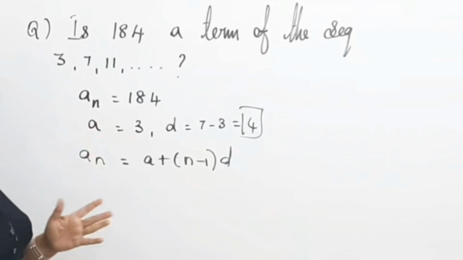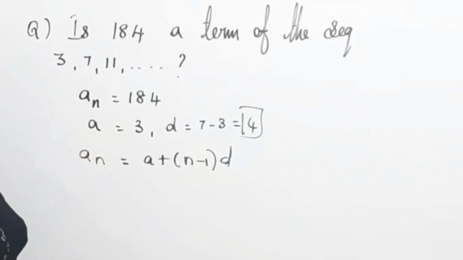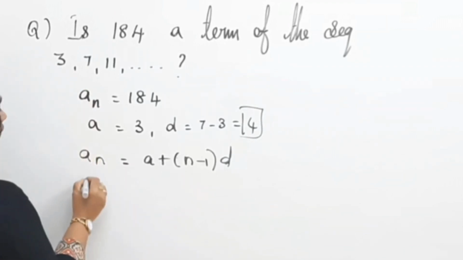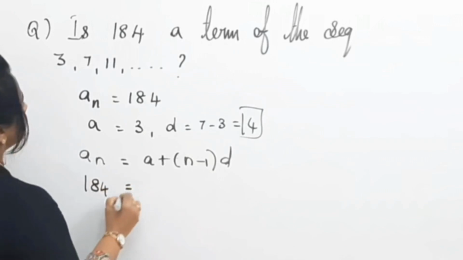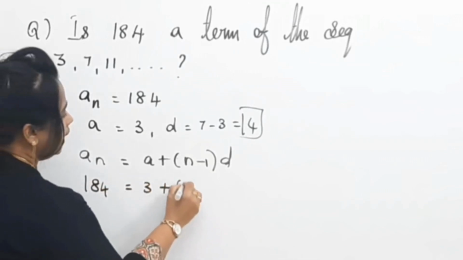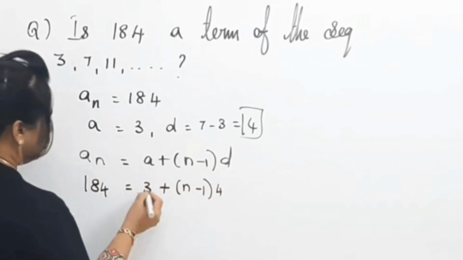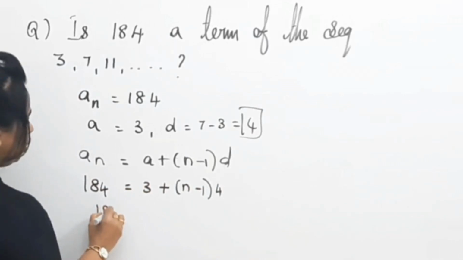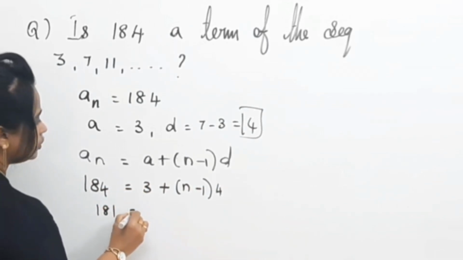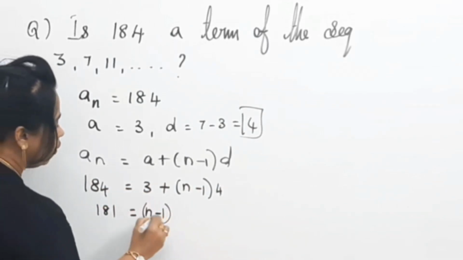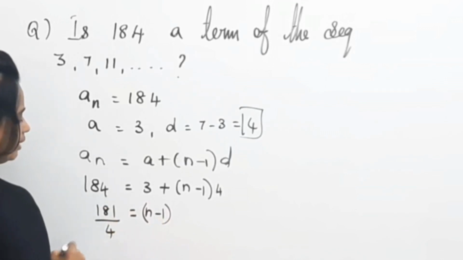If not, I cannot say that it is a term of the sequence. So we find: 184 equals 3 plus n minus 1 into 4. So 184 minus 3 is 181, equal to n minus 1 into 4.